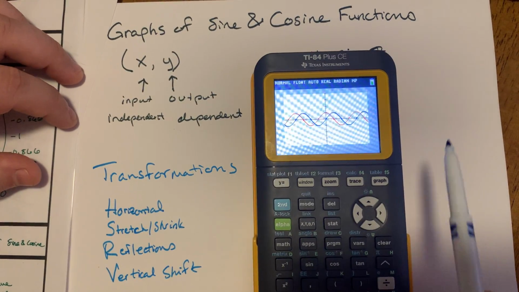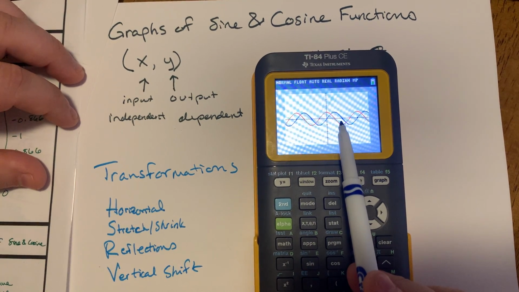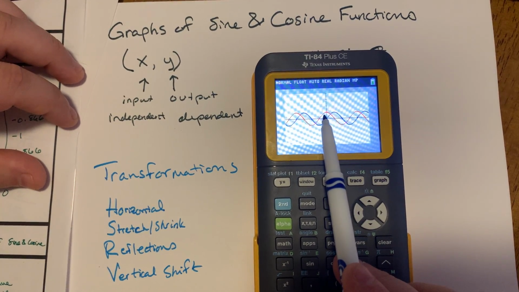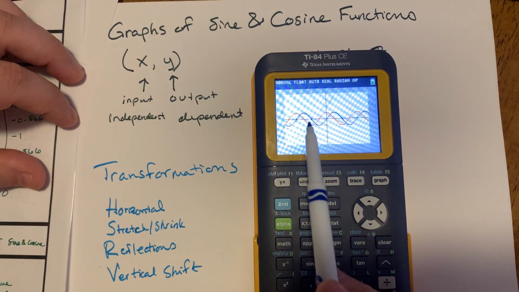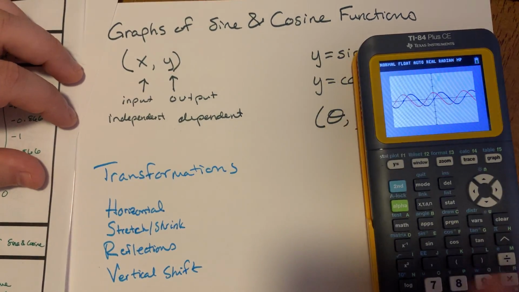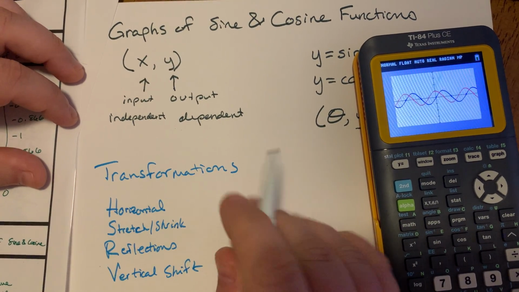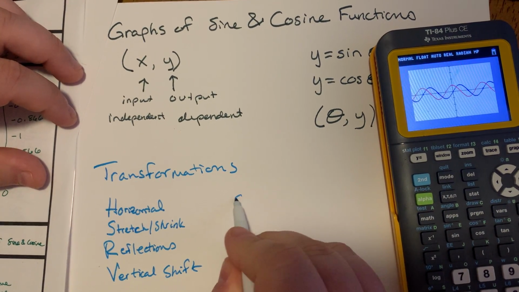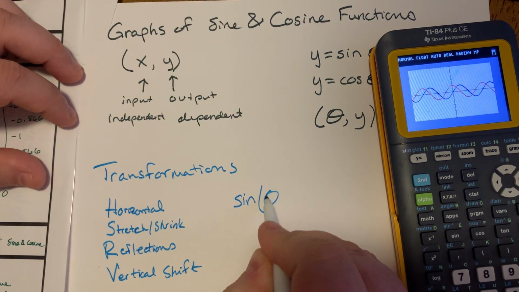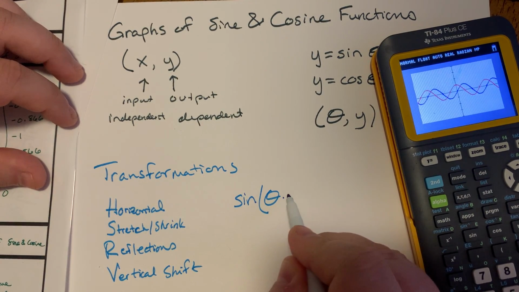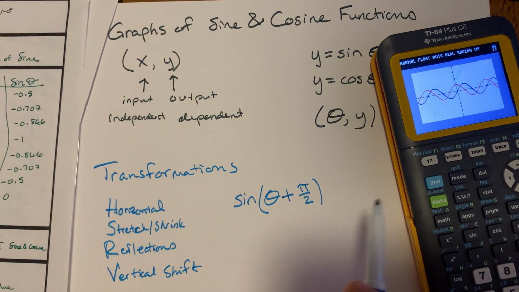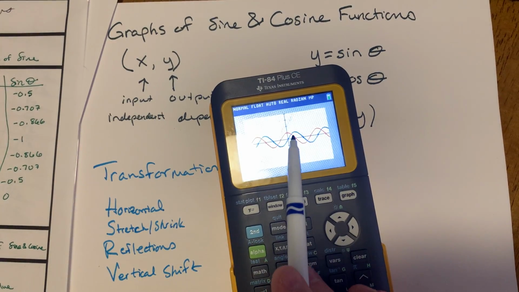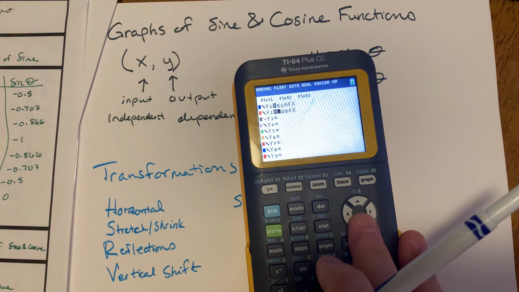And so it looks like each of these points of, say, our cosine function is just our sine function shifted left pi over 2. So if we look at sine of theta, and we want it to shift left, remember we add pi over 2. So if we would shift each of these over, what happens?